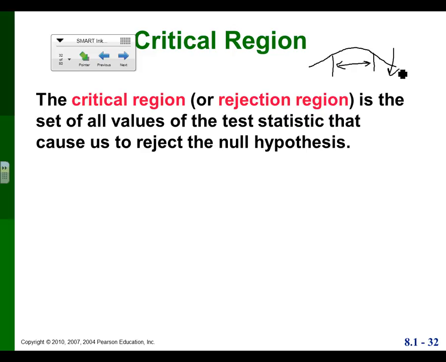It's not a true statement. It's false. That's what it means by the set of all values of the test statistic that cause us to reject the null. This is the rejection region, everything outside of what makes it a true statement. You say 99.9% of all scores are between these two numbers. If you get one score outside of that, move on to the test statistic and try to deliver that statement.